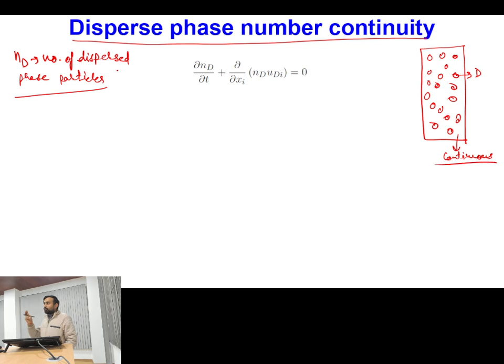Okay. So these dispersed phase particles can change within the system. So that's why del by del t of ND. This is the time rate of change of the number of dispersed phase particles per unit volume within the system. Let me write, these are nothing but per unit total volume of the control volume.